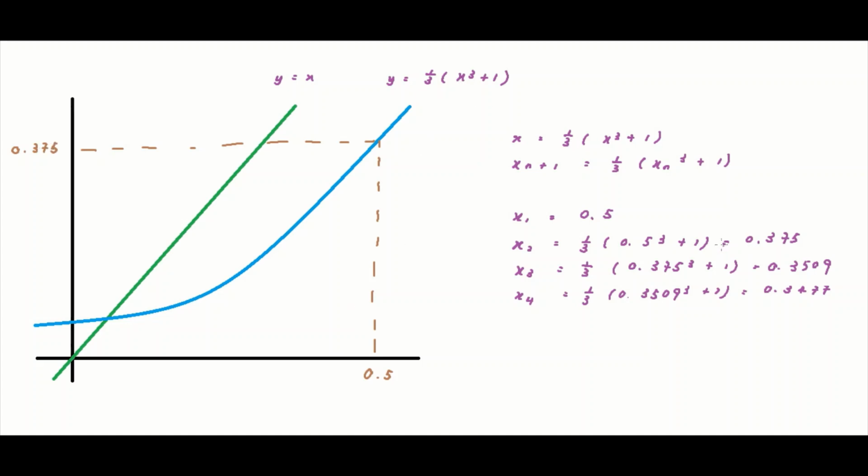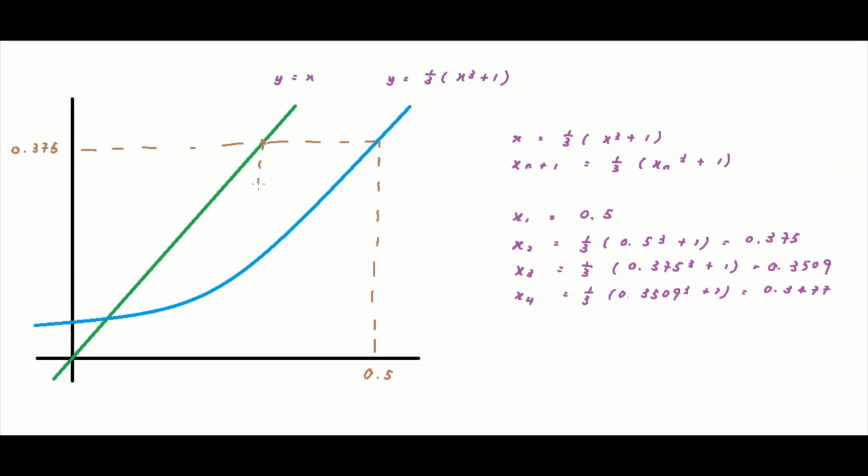Next, to find x3, you substitute what you got from the second one, which is 0.375 again. So where is the x for 0.375? Go back to our graph. This is the graph for y equals x. If this point has x of 0.375, meaning what is the x?